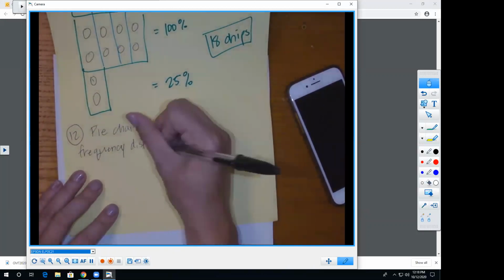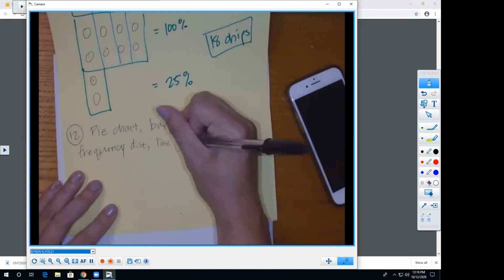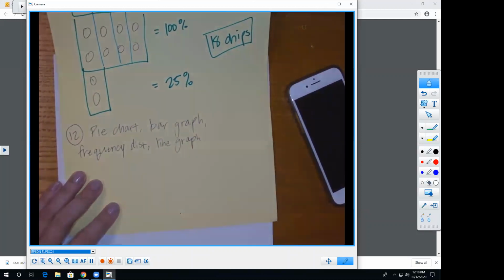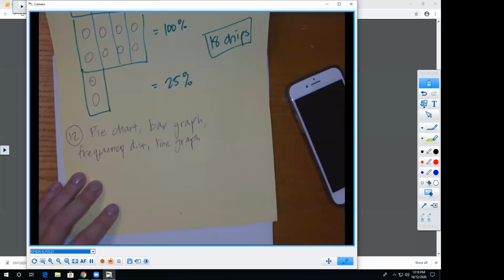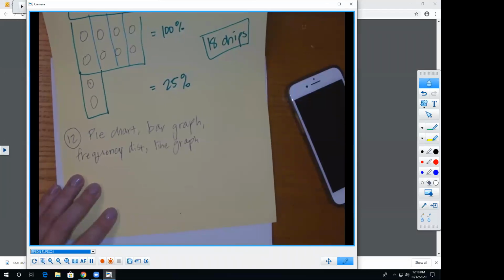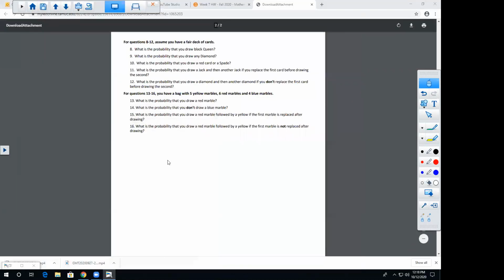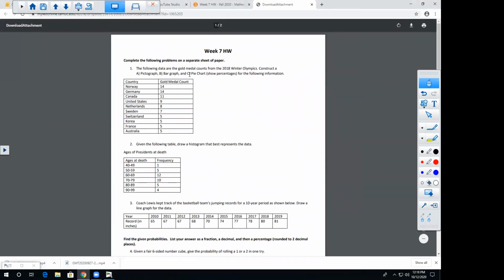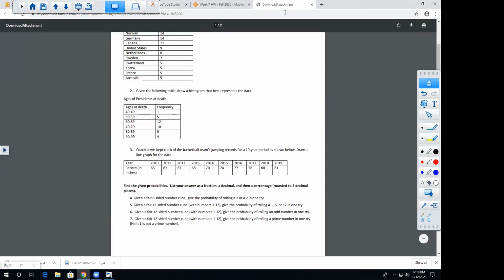Line graph. I think that was all the ones y'all did on your homework, right? Let's see, I have it pulled up right here. Histograms and stuff? Yeah, it's on this homework right here. Pictograph, bar graph, pie chart, histogram, line graph, yeah.